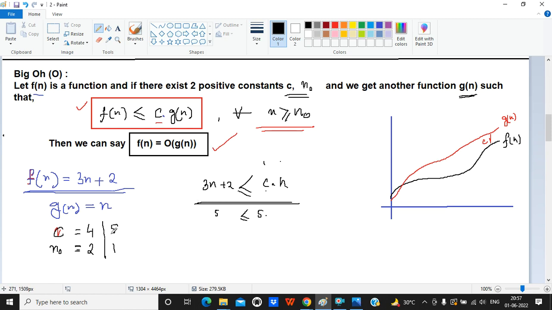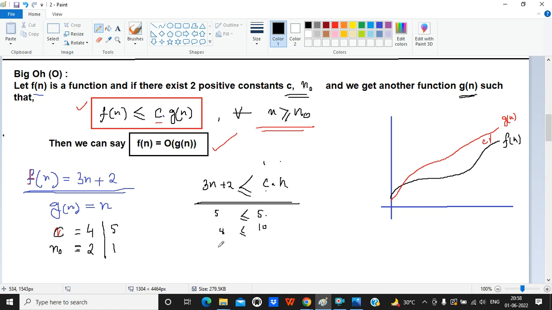Suppose I am taking c equal to 5 and n0 equal to 1. For n equal to 1, it will be 5 and 5, so it is satisfied. For n equal to 2, what will happen? It will be 5 into 2 means 10, and 3 into 2 plus 2 is 8, which is less than 10.